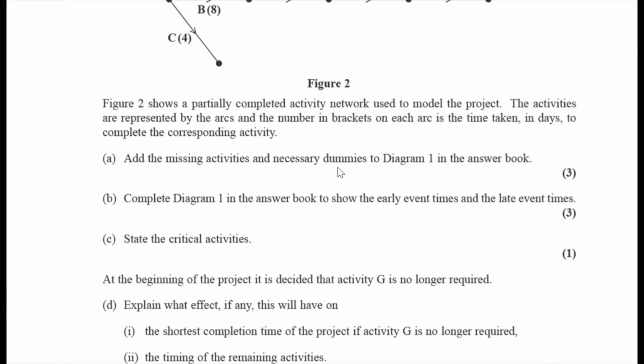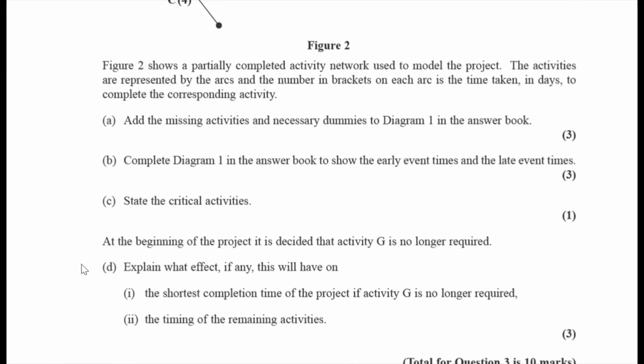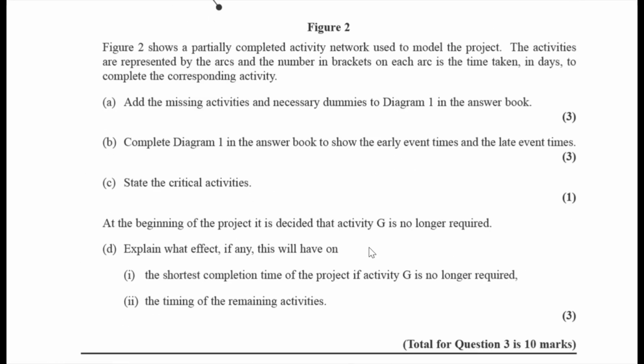Now for part C, state the critical activities. We've just mentioned those: A, D, H, and J. Now for part D, at the beginning of the project, it is decided that G is no longer required, and we have to explain what effect, if any, this will have on the shortest completion time of the project.